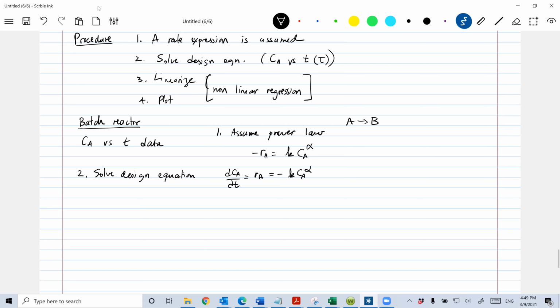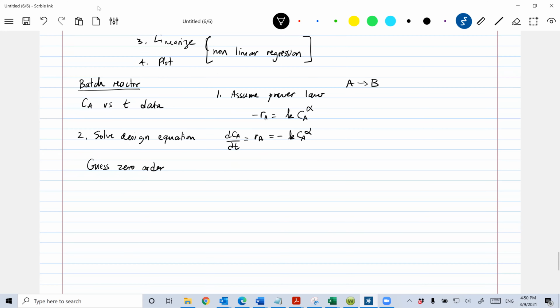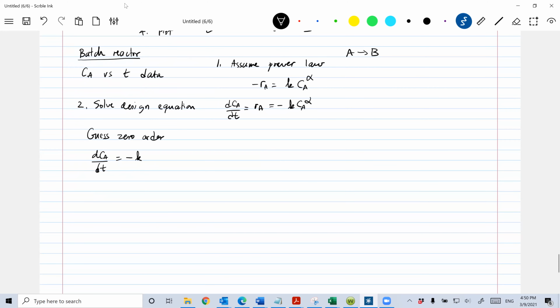Now you can say, let's say you guess zero order. Then your rate equation is dC_A/dt equals minus k. And you know that at time equals 0, C_A equals C_A0.